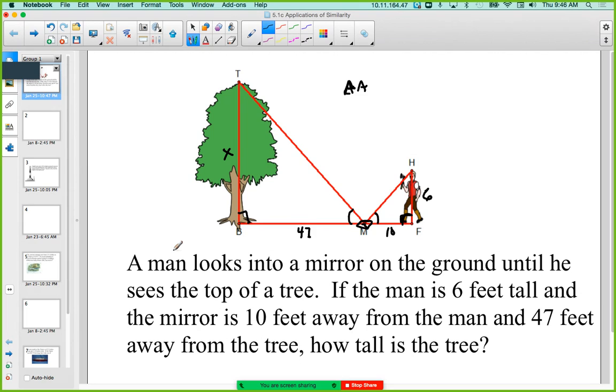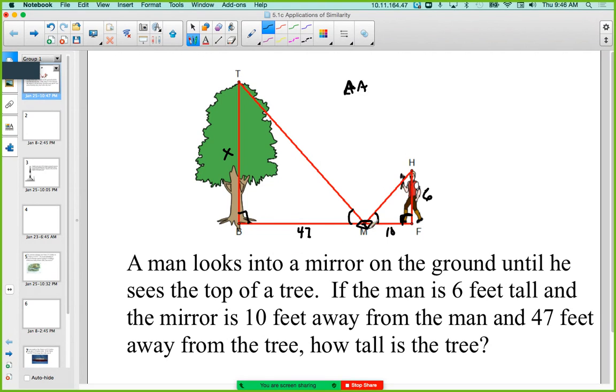Now, what I want to do here is set up a proportion, because I know that because they're similar, the corresponding sides are proportionate to one another. Let's do two sides that we know the distances of that are corresponding, so we don't have a variable.